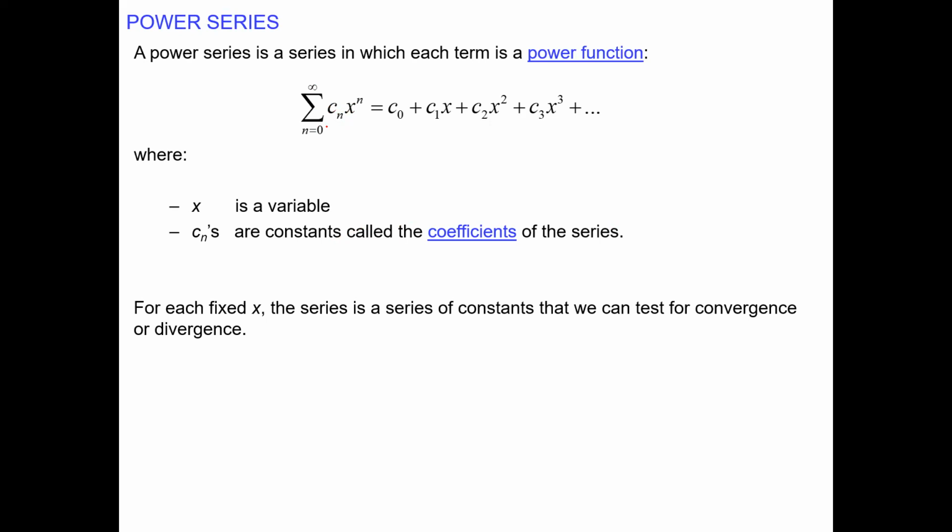C sub n usually depends on n, and will change with n. x is a variable. So we have an addition of power functions, or theoretically, we can say it's a polynomial with infinitely many terms.